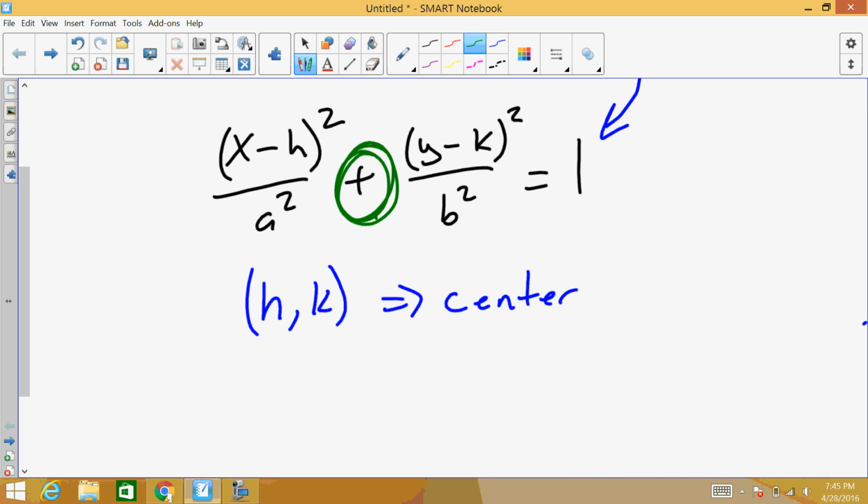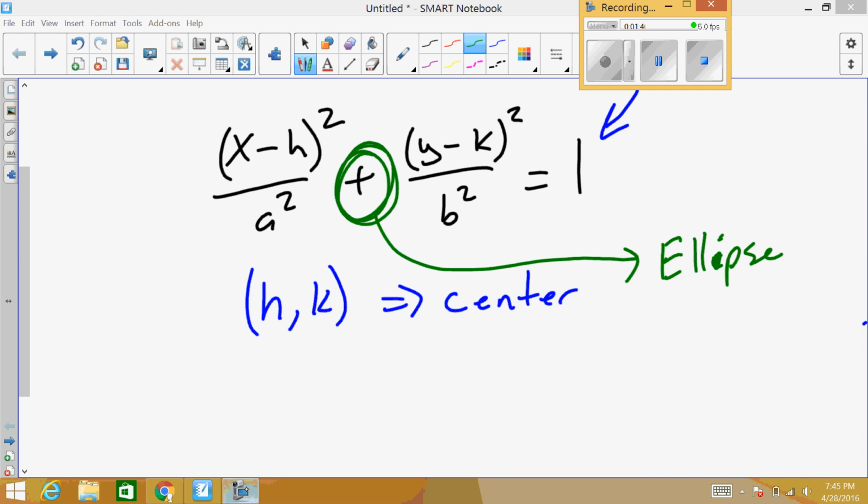It's a plus. In an ellipse, if it's a plus between an x squared piece and a y squared piece, I know that it's an ellipse. If it's a minus, it's another conic section that we're going to talk about later. Plus, ellipse; minus, not. All right, so we've got that going for us now.